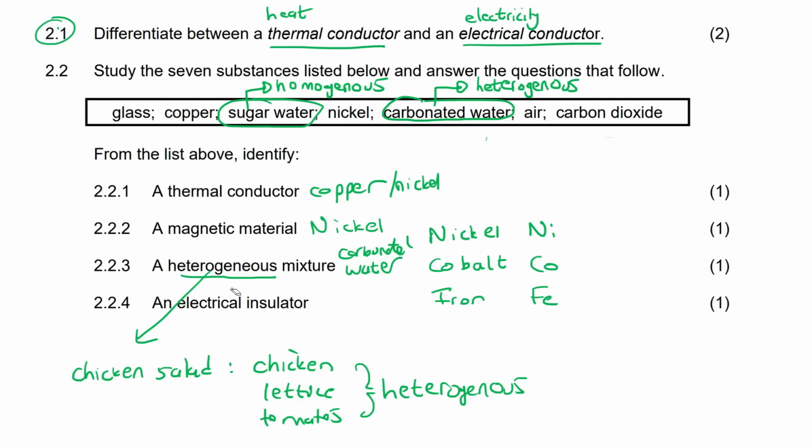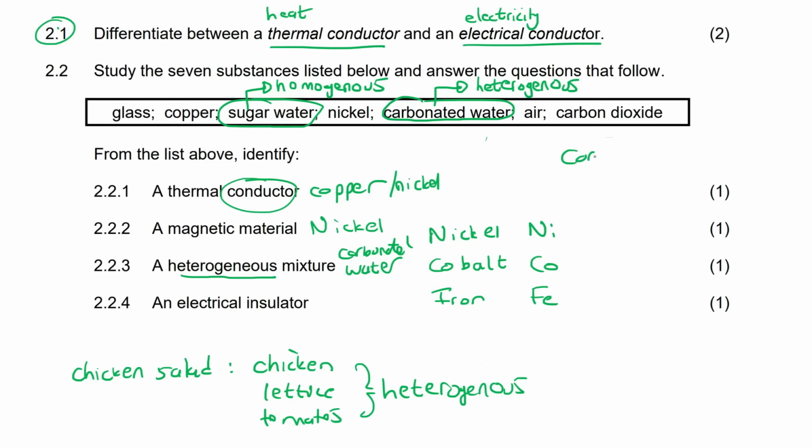Okay. Now, an electrical insulator. What is the opposite of a conductor? It's an insulator. So if a conductor is good at conducting or moving heat and electricity through, then an insulator is bad.